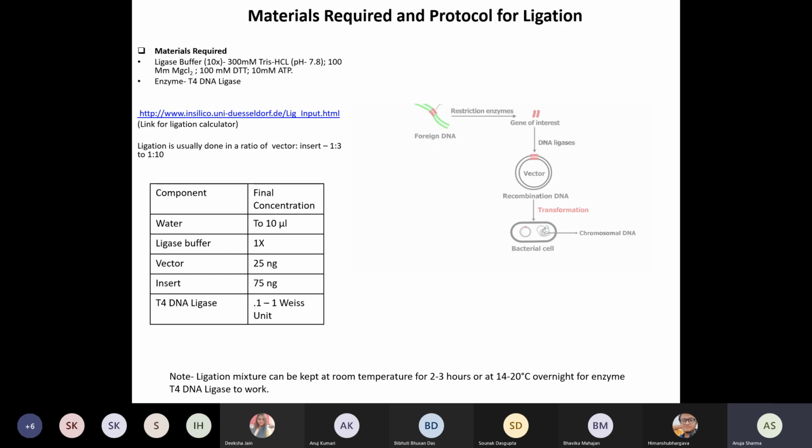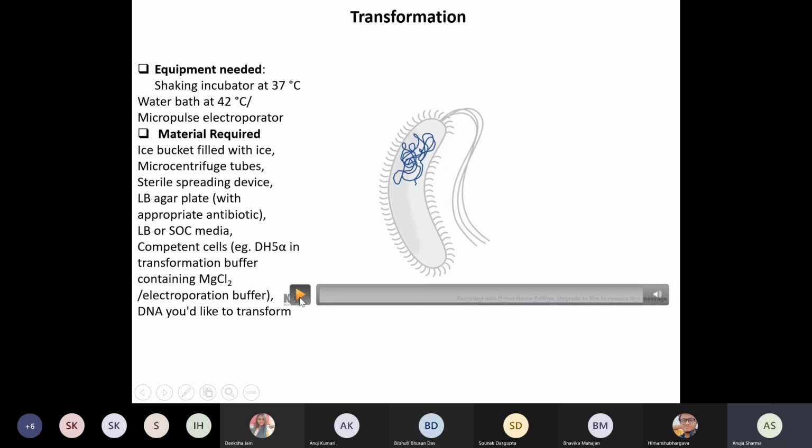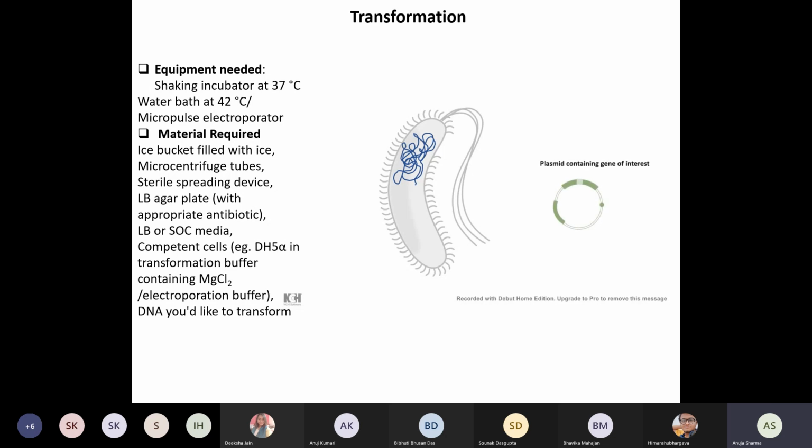So for transformation, there are different methods you can use. First of all, let me explain the basis of transformation. Transformation of plasmid means putting a plasmid, which may contain your gene of interest, inside a bacteria. The process is fairly simple.